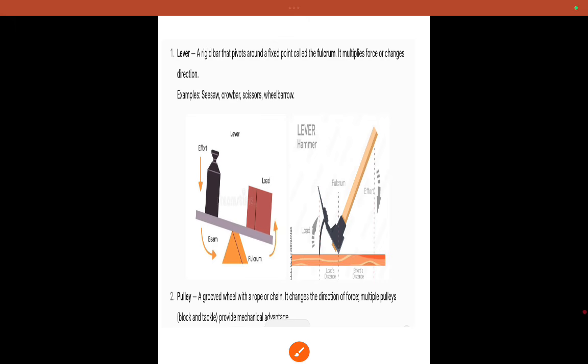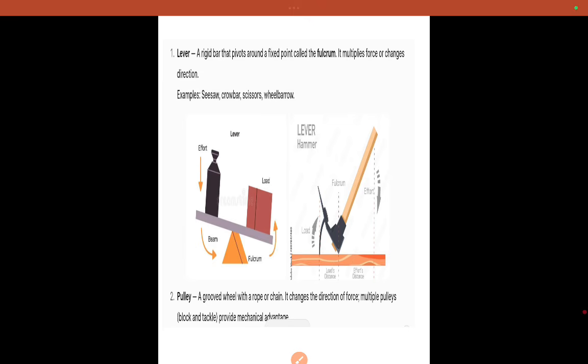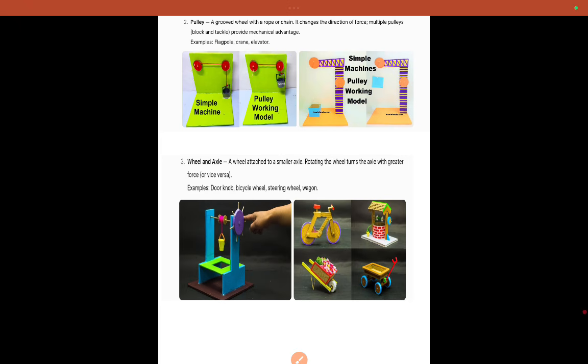Coming to the second simple machine, that is the pulley. Here you can see the simple machine of the pulley. A pulley is a grooved wheel with a rope or chain. Like in the parallelogram experiment, we saw this condition. It changes the direction of force.